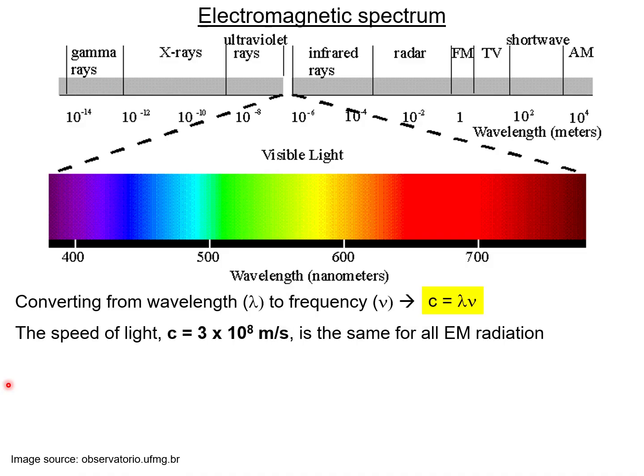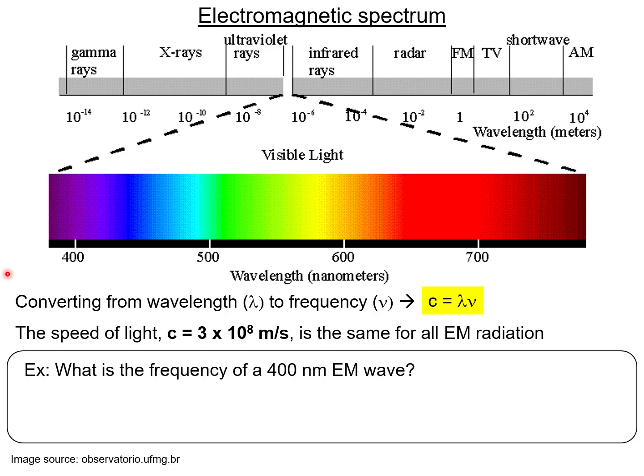All right, so life isn't worth living if you can't do a little bit of calculation or some math. One of the things you can do is convert between wavelength and frequency using the handy-dandy equation shown right here, where the speed of light, which is 3 times 10 to the 8th, a constant, that's why it's c, is equal to the wavelength times the frequency.